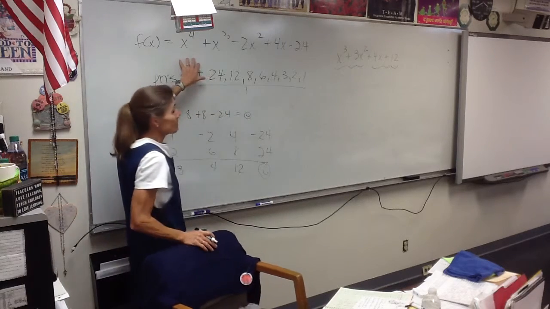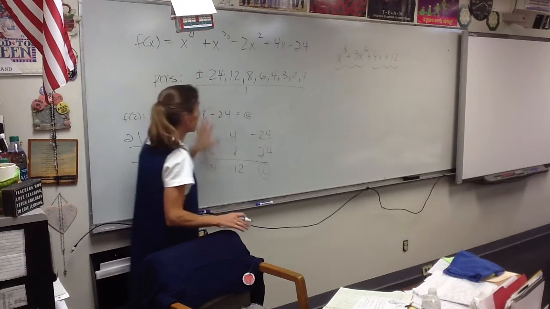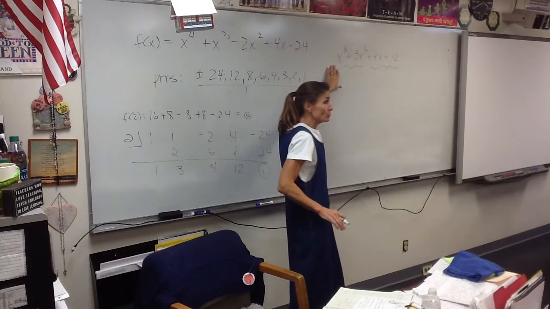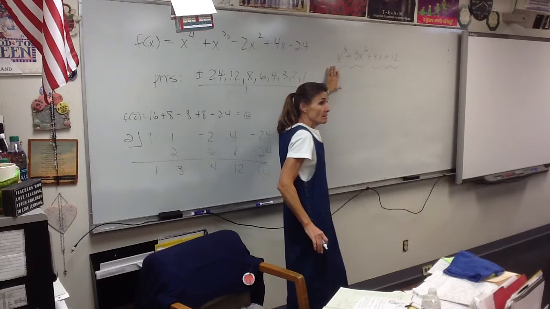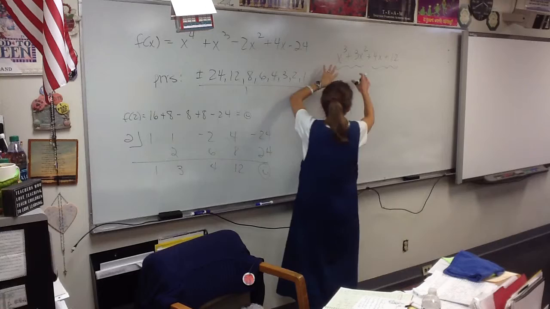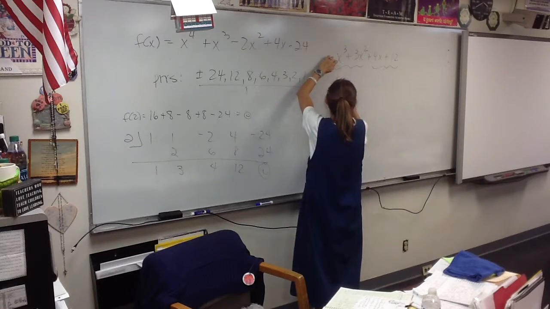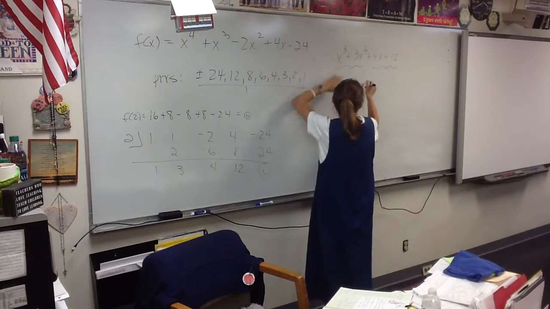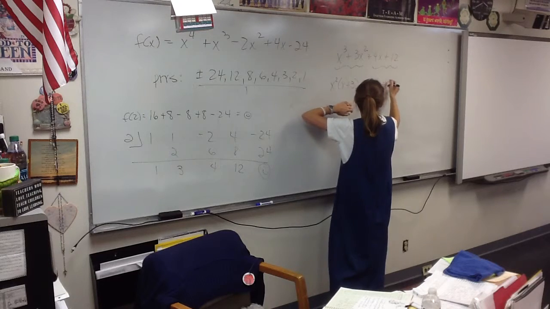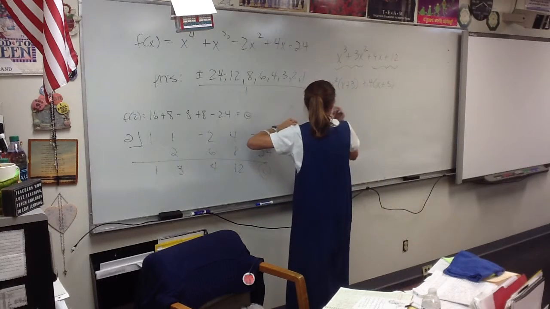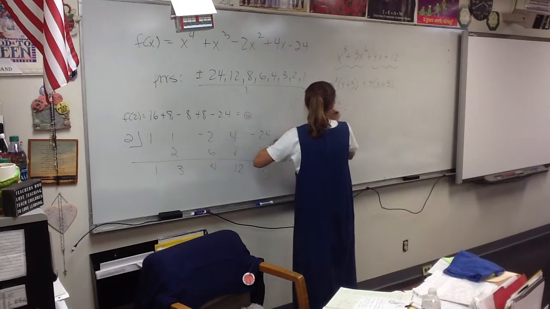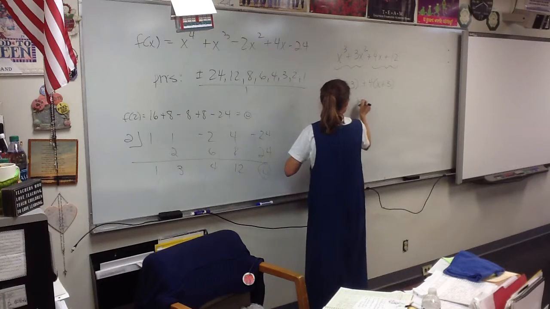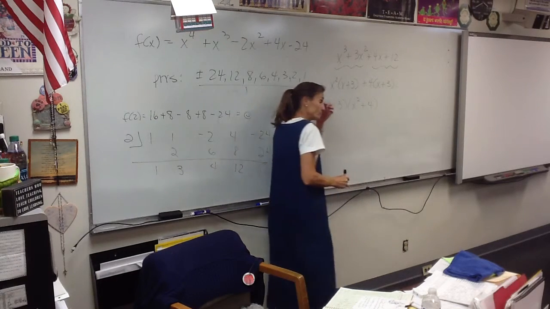It didn't group in the beginning, but now that you've gotten one out, it does. I can take an x squared out of the first 2 terms and a 4 out of the second 2 terms. So I have x plus 3 as my common factor, and then x squared plus 4.